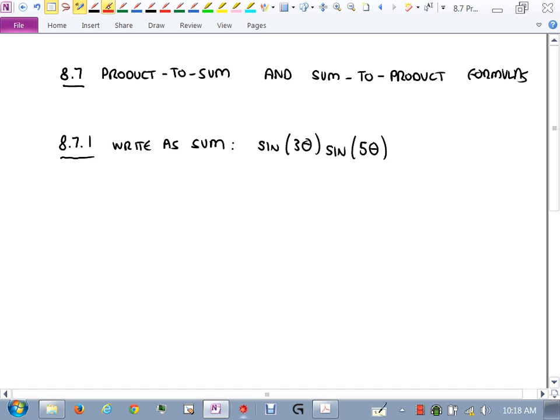Well, according to the formula, if I have sine U sine V, this should turn into 1/2, then in brackets, cosine of U minus V minus cosine of U plus V. Do you all see that on your formula sheet?